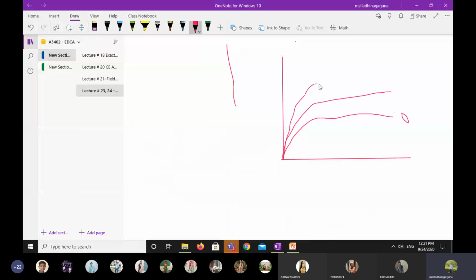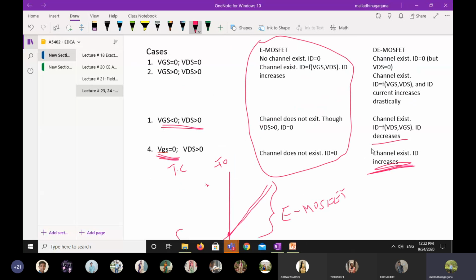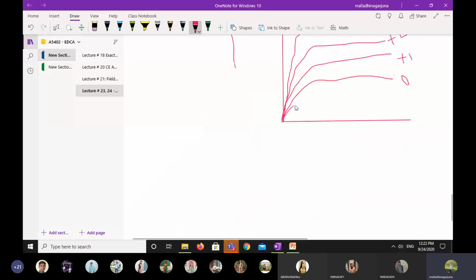This is plus 1, this is plus 2, and even if you apply more voltage here, you will get more current. If you apply VGS less than 0, the current decreases. This is minus 1 volt, this is minus 2 volts, this is minus 3 volts.